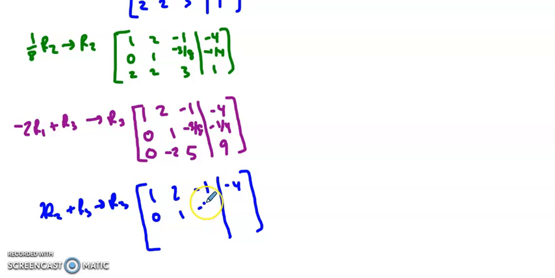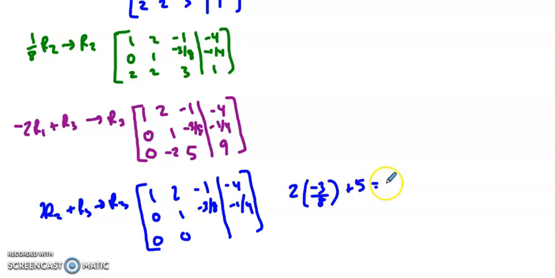0, 1, -3/8, -1/4. Twice 0 plus 0 is 0. Twice 1 is 2, plus -2 is 0. Twice -3/8 is -6/8. I have to add that to 5. So -3/8 times 2 is -3/4, and then 5 would be 20/4.